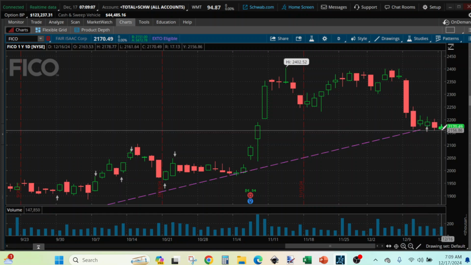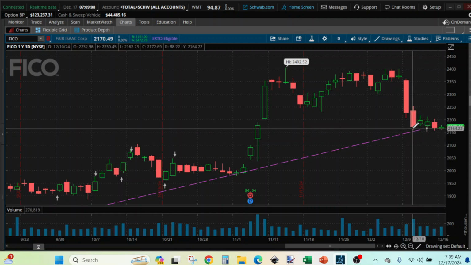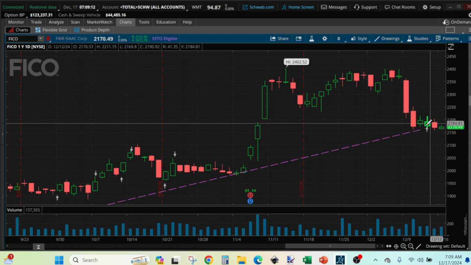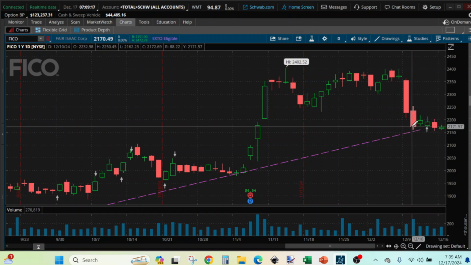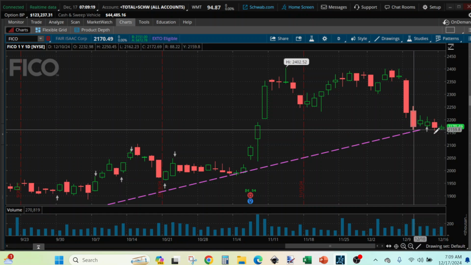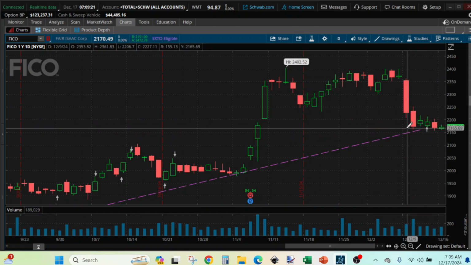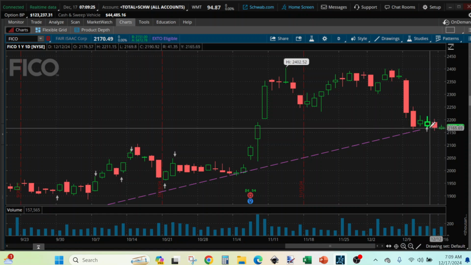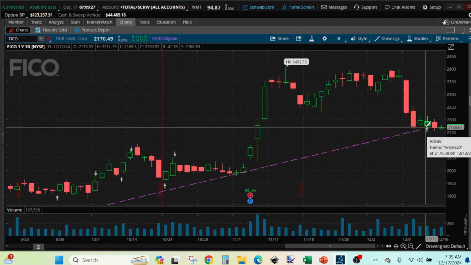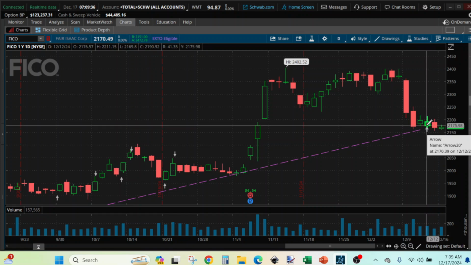Therefore, I will not enter just yet, because I want to see an uptrend feel. Right now this low is lower than this low, so I don't have a clear confirmation that it is going to follow this trend line yet for me to get in. So I got in a little too early. Based on that extra precaution that I want to take, I can say that I got in a little too early.